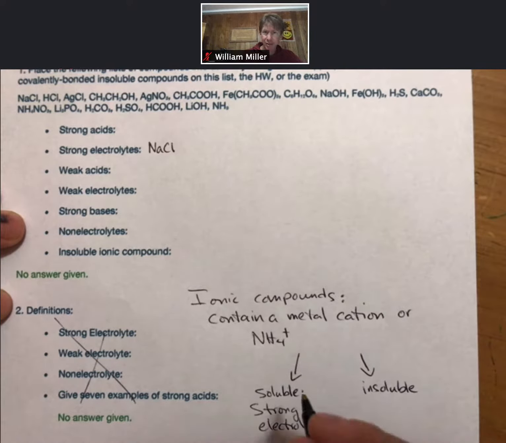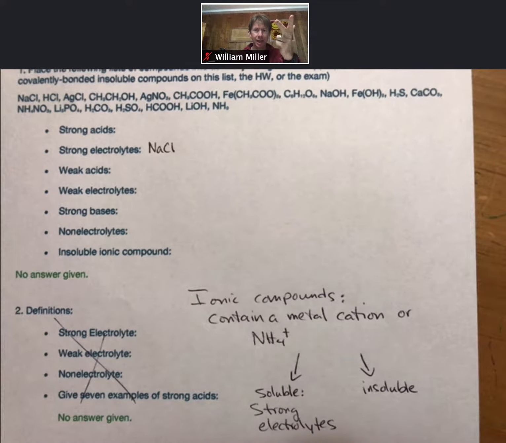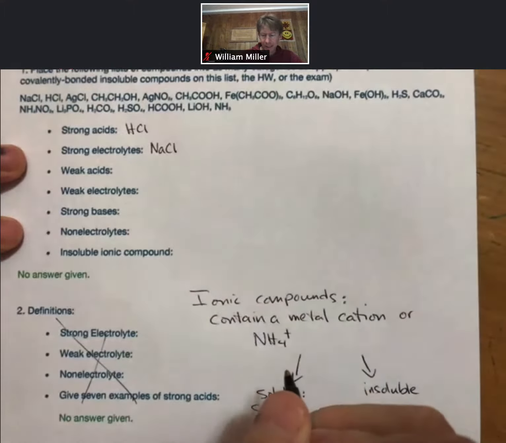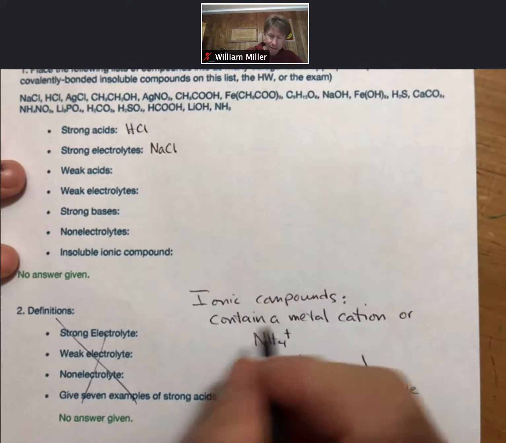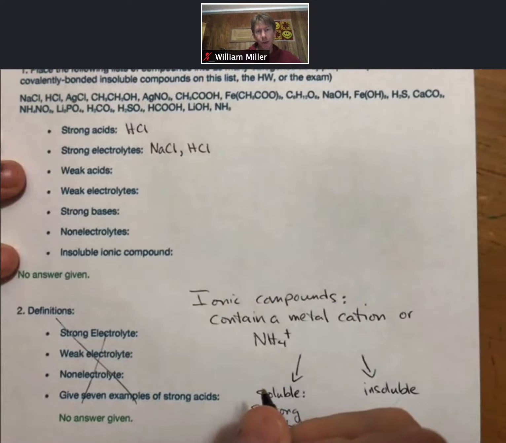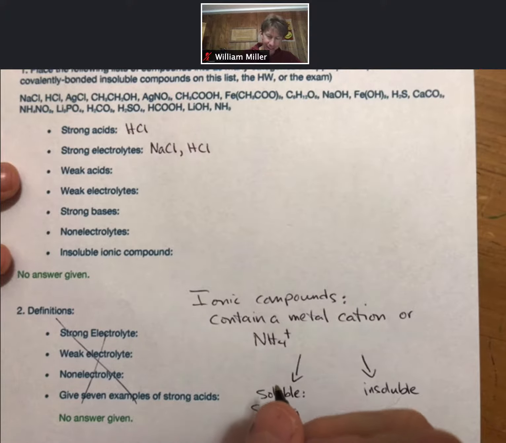There are only 7 strong acids that we have to know: HCl, HBr, HI, nitric acid HNO3, sulfuric acid H2SO4, perchloric HClO4, and chloric HClO3. And anything that is a strong acid also is a strong electrolyte, because strong acids break up 100% into H+. That also means they break up 100% into ions.